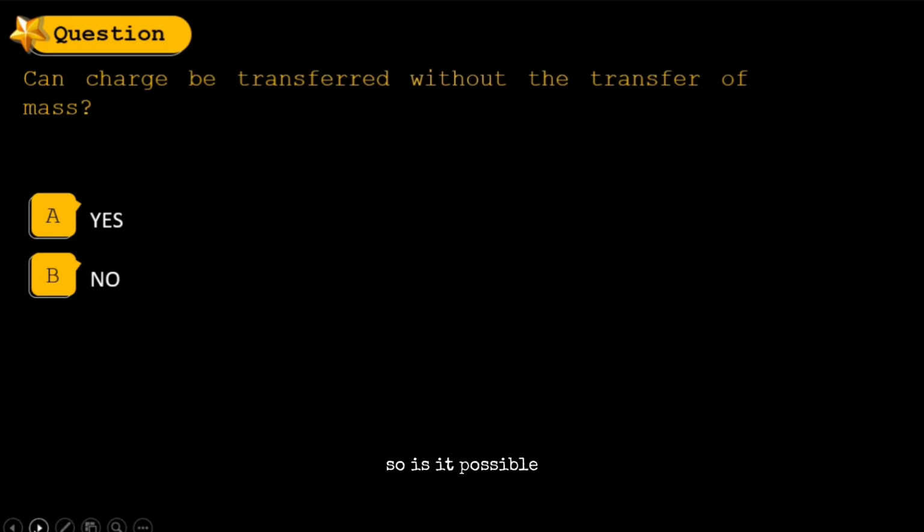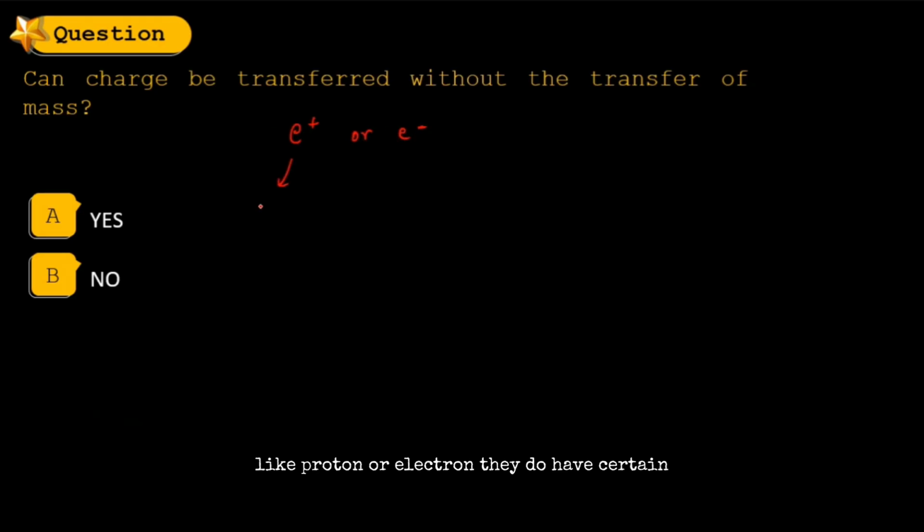The next question that we should ask is: if there is any charge that is being transferred, is it possible that charge is transferred without the transfer of mass? Just think of it once. Whatever type of charge is being transferred, like proton or electron, they do have certain mass. Proton has a certain mass as well as electron has a certain mass.